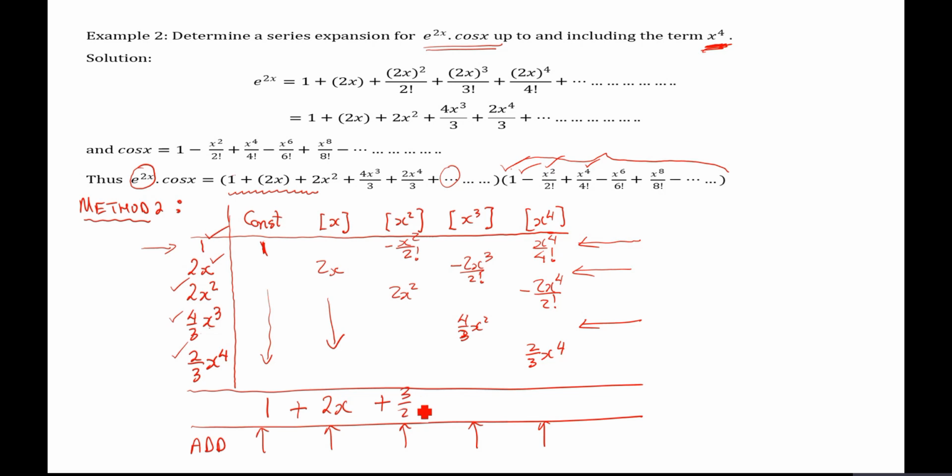Over here I get 3 over 2 x squared, in this instance 1 over 3 x cubed, and here I get 7 over 24 x to the power 4, and that is my series expansion for e to the 2x times cos of x. There you go.